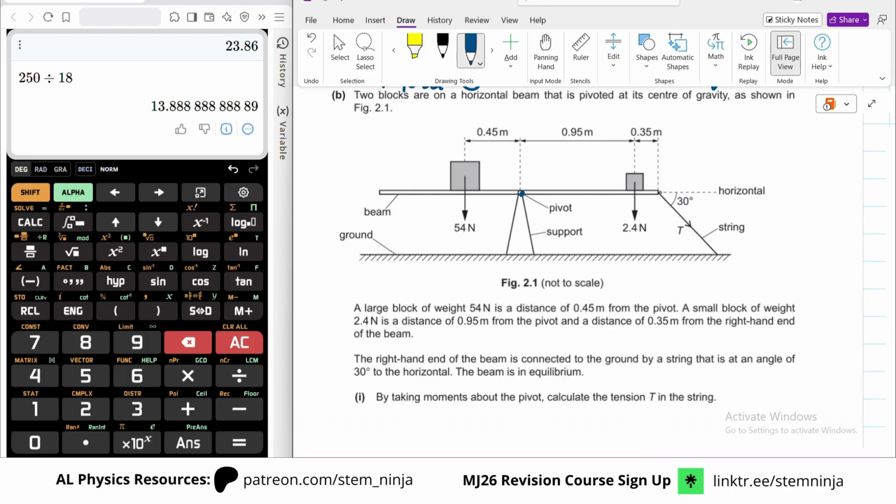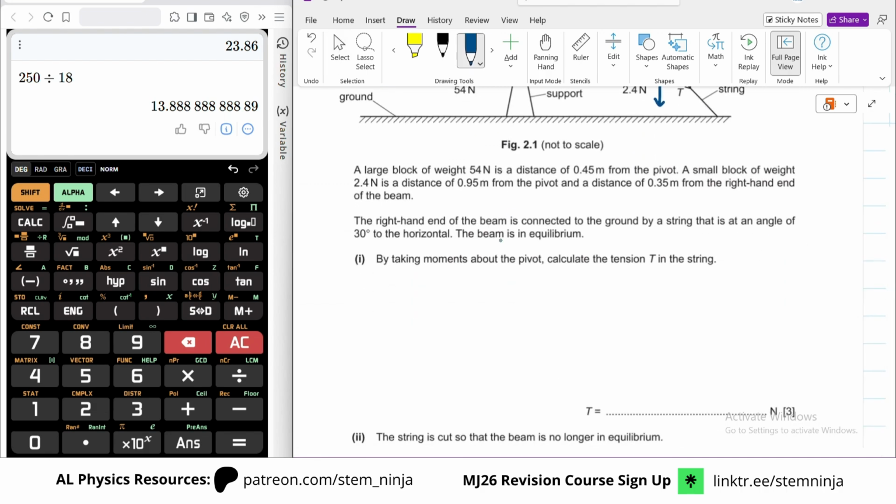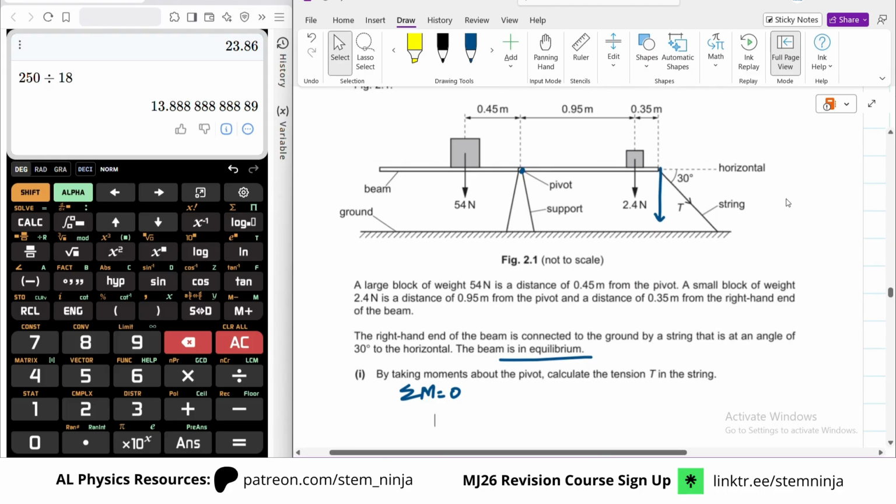Okay, so the component of tension perpendicular to the distance that we have is your T sine 30. So since it is in equilibrium, the algebraic sum of moments is 0.